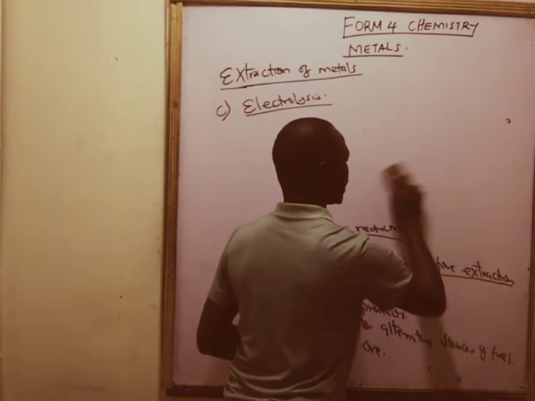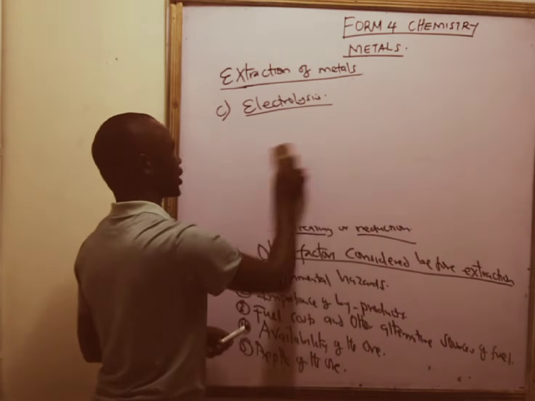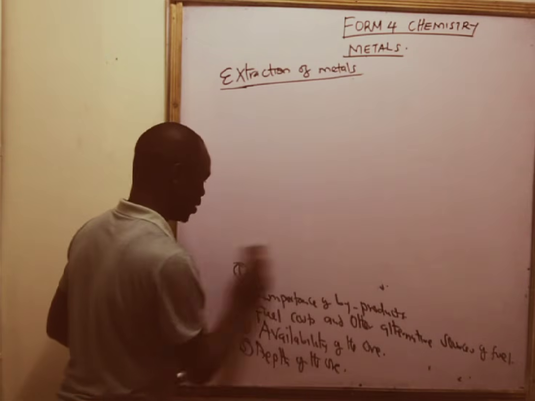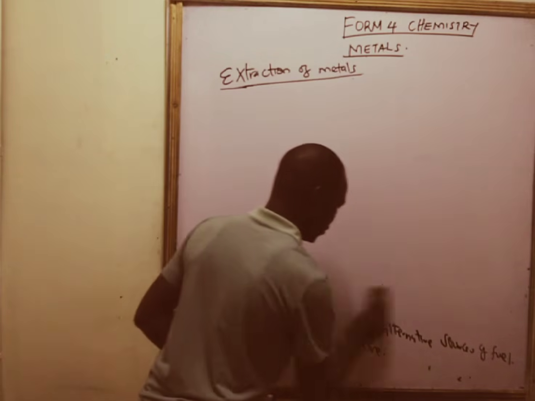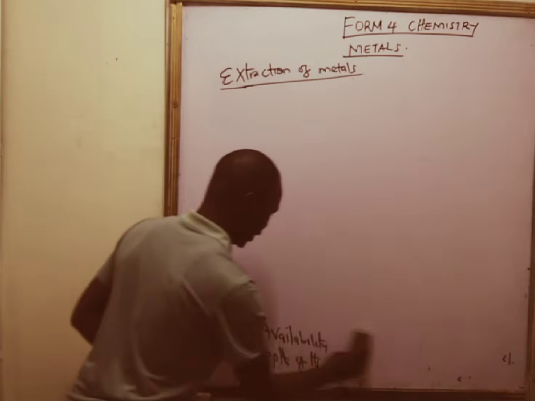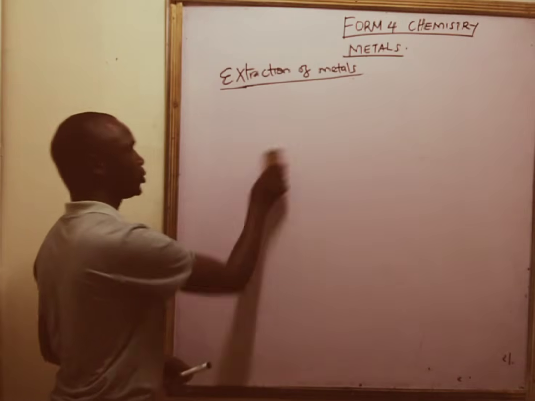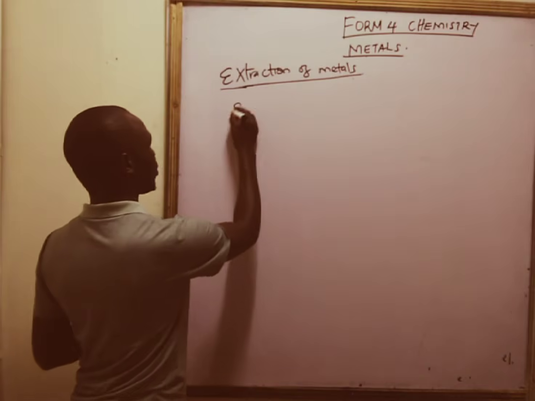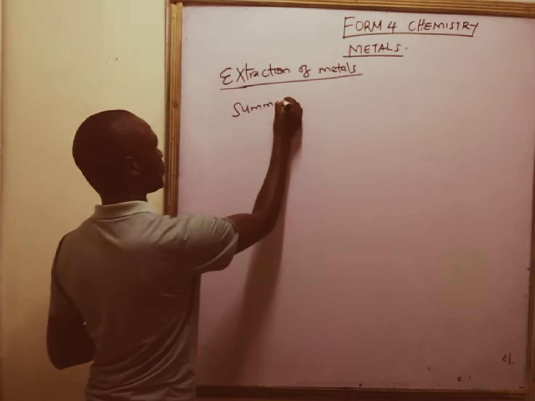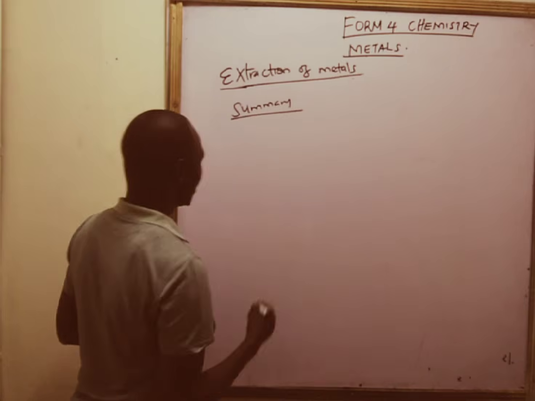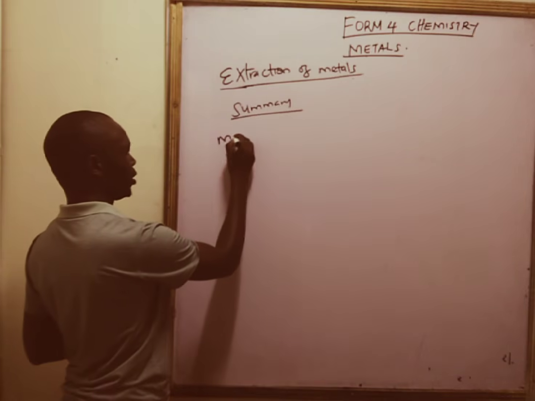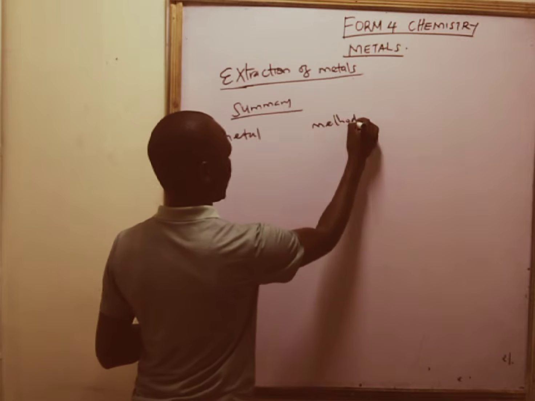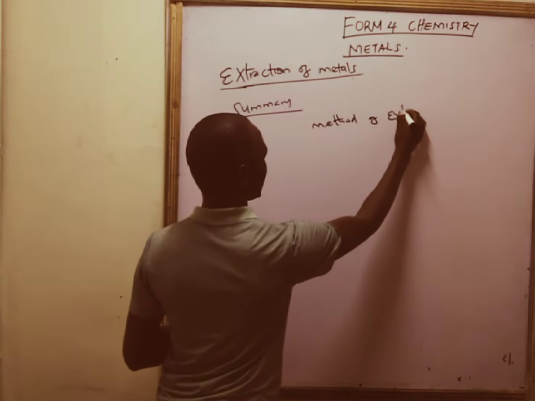So in summary, we have looked at three methods that are used to extract metals from their ores. That is, number one, heating. Number two, reduction. And number three, electrolysis. So here we are going to have the metal, then the method of extraction.